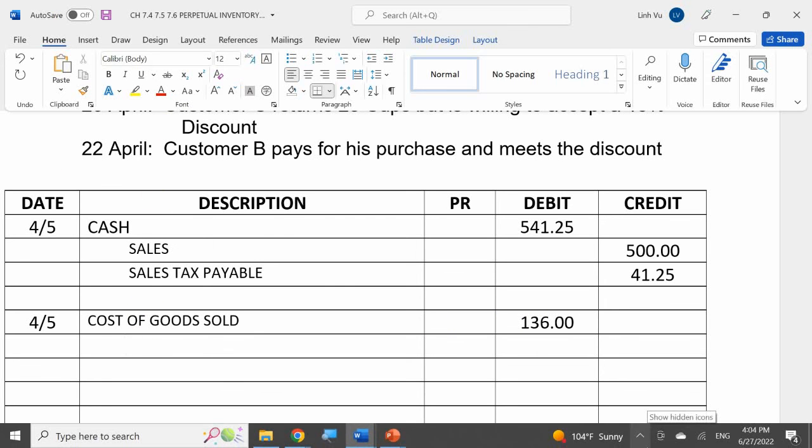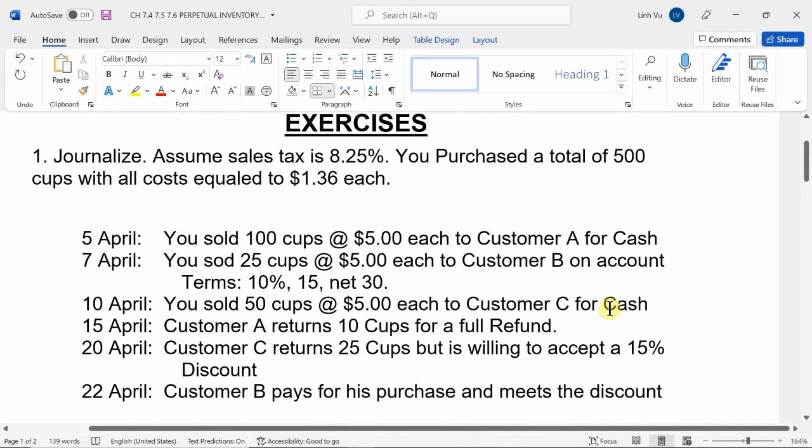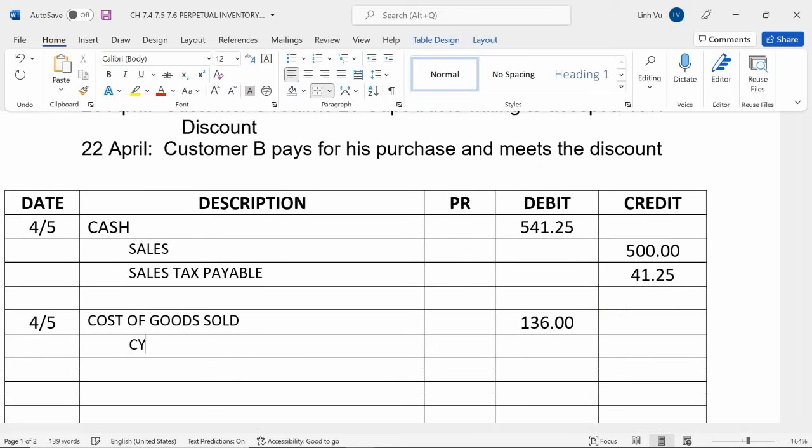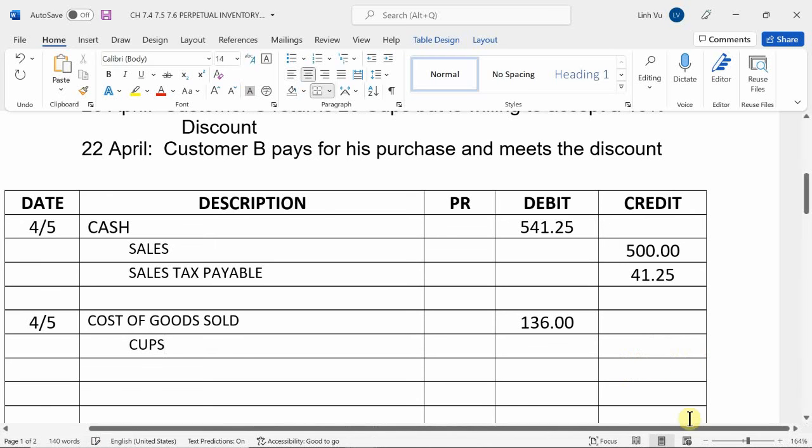Yes. So in this case, what was my inventory called? Mugs or cups? In this case, yes, good. So cups. So that means I'm going to be updating my inventory cups for exactly that 136.